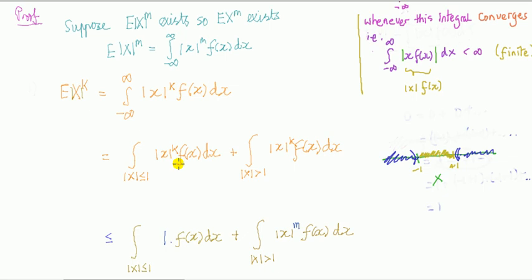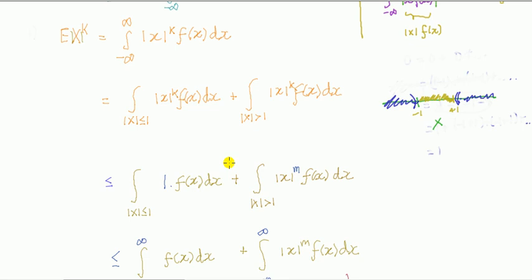Now why have I chosen the value 1 instead of some other number? It's because of this. I'm taking powers, some x value to the power of k, where k is an integer. What we know is if x is between -1 and +1, if we take the absolute value of it, it's between 0 and 1 inclusive, then if you take a power of it, it's going to become a smaller number.